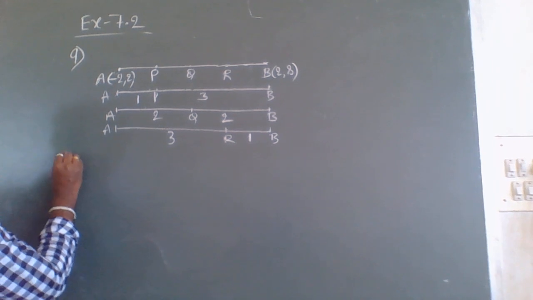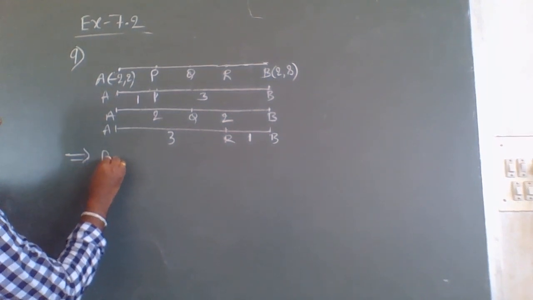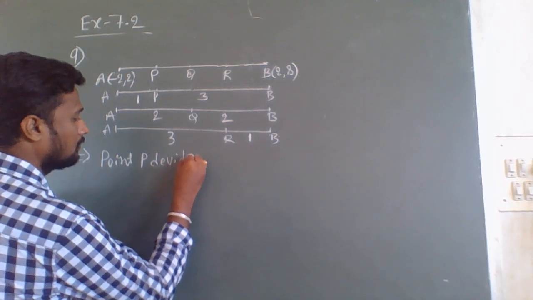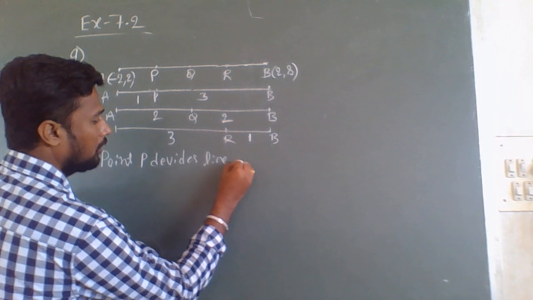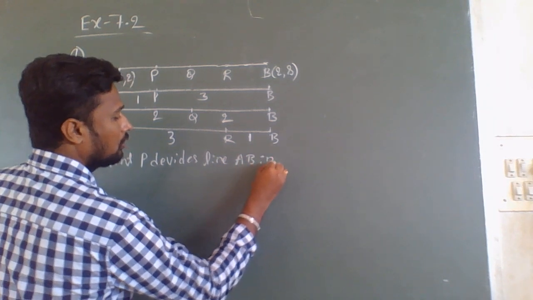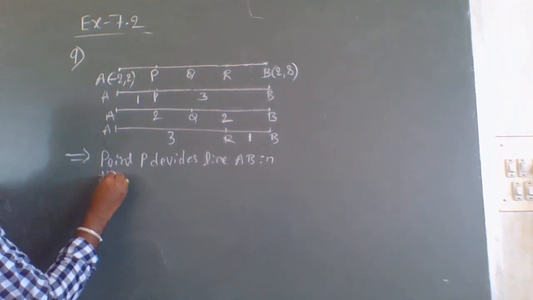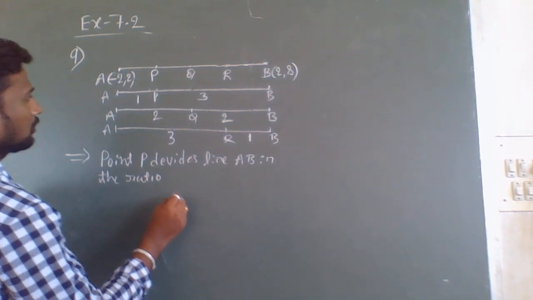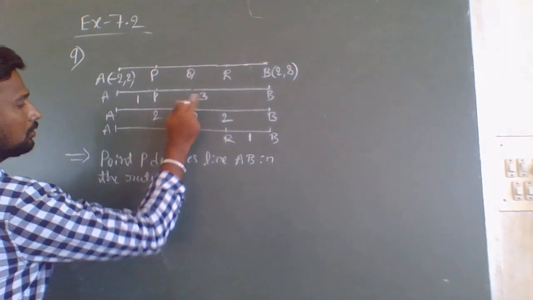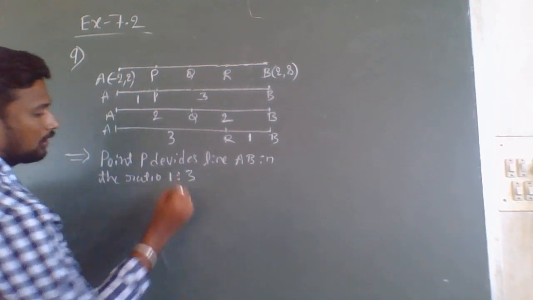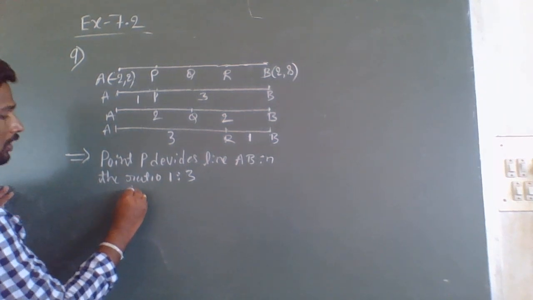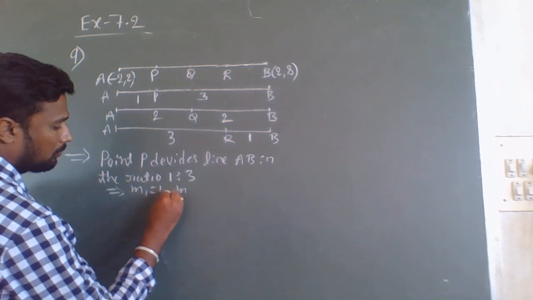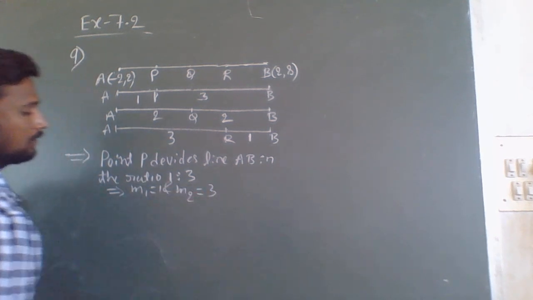So now what we can write here, point P divides line AB in the ratio 1:3. So now M1 equals 1 and M2 equals 3.